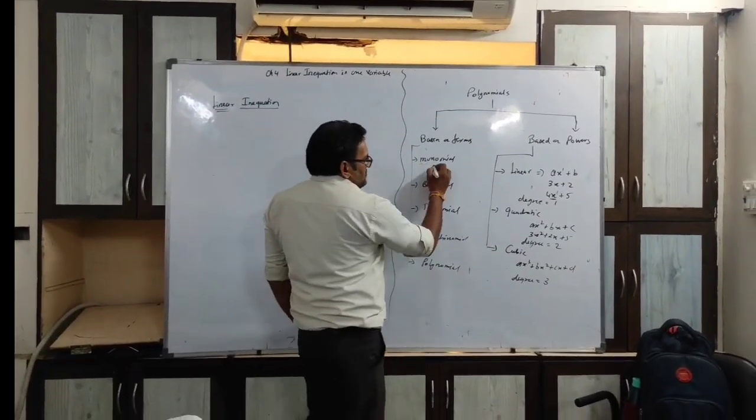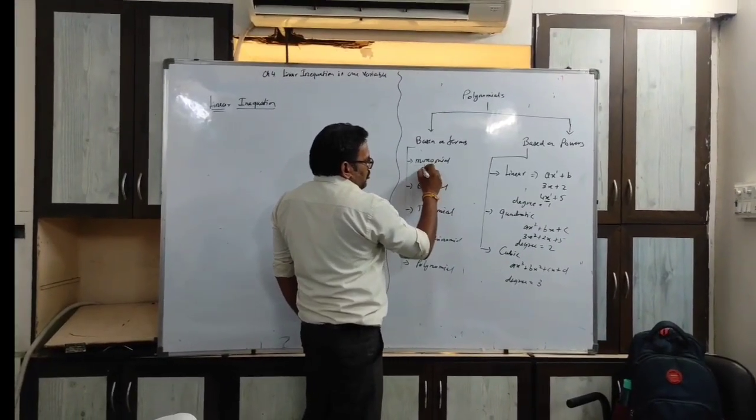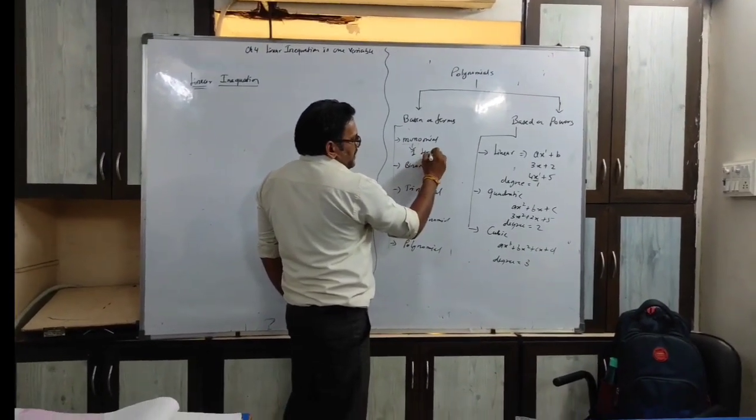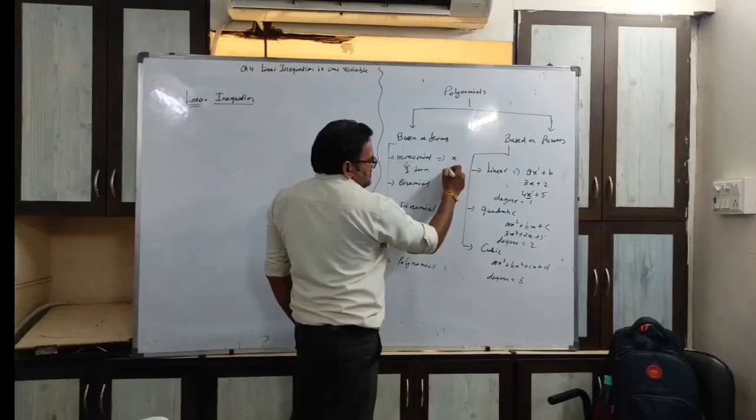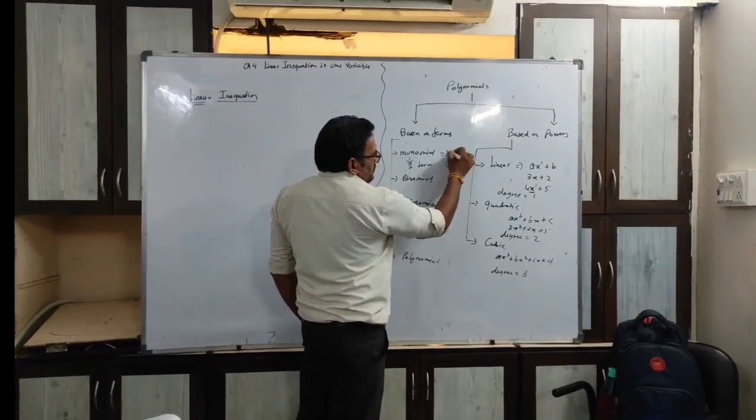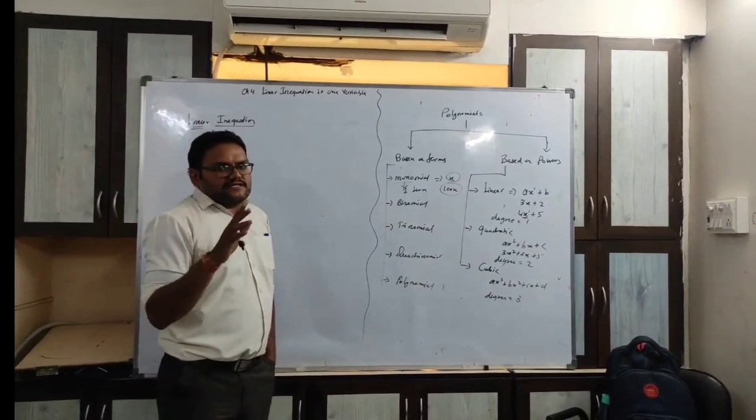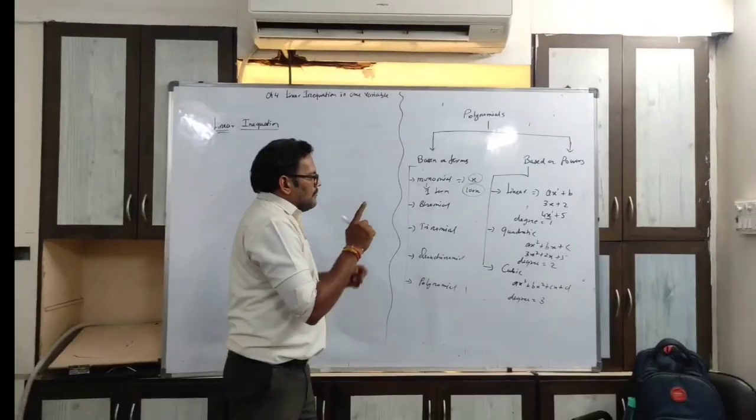Now see, mono means single, that is one term. Any expression like x or 100x, this whole will be referred to as a single term classification of polynomials, that is monomial.